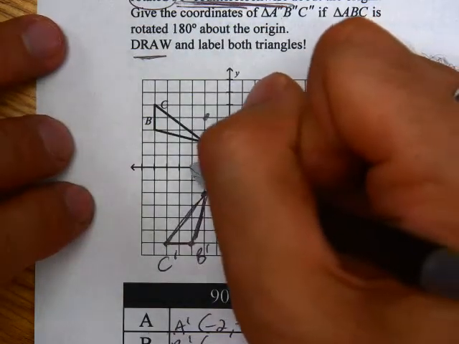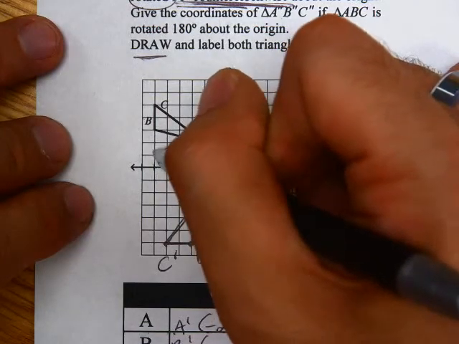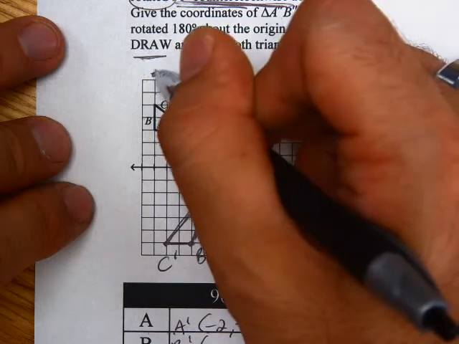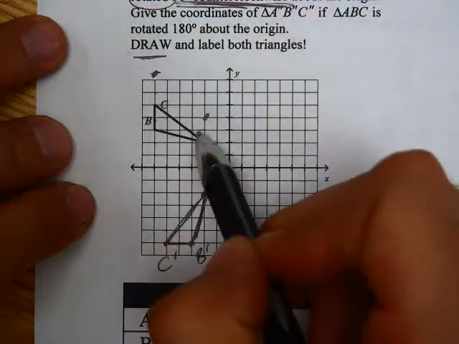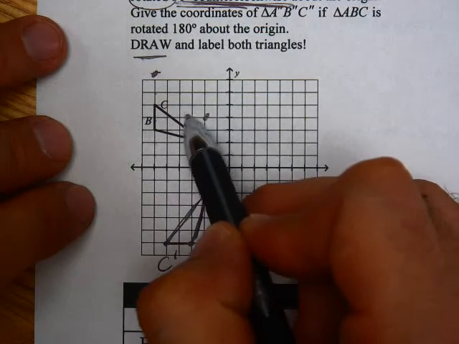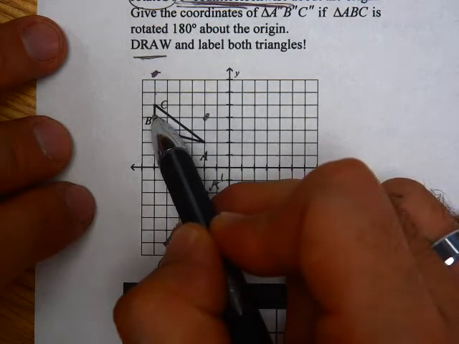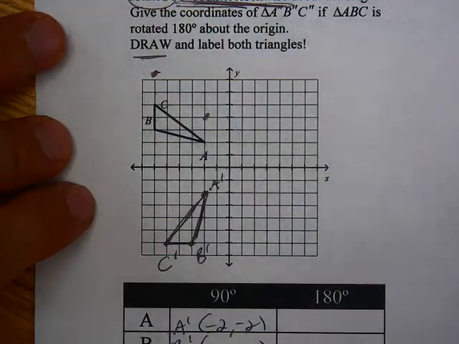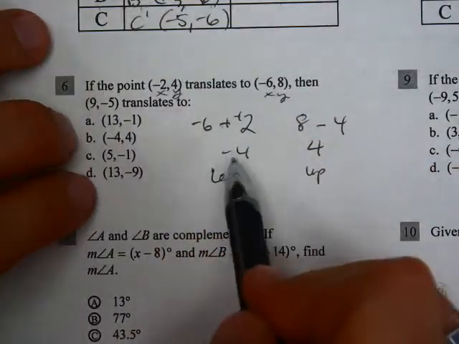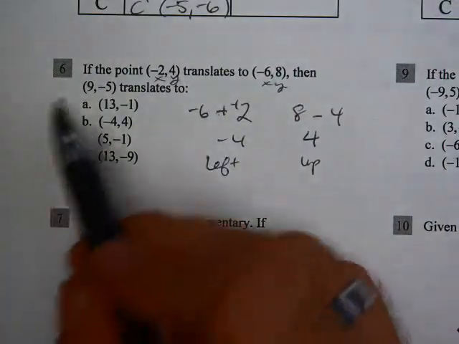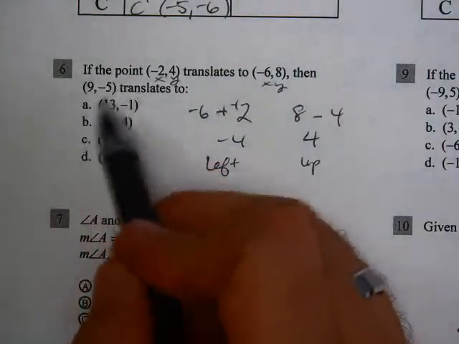Then you can just count the spaces. So you can see that we're going 4 left, 4 up. And that's what you're trying to do to this point here, 9, negative 5.